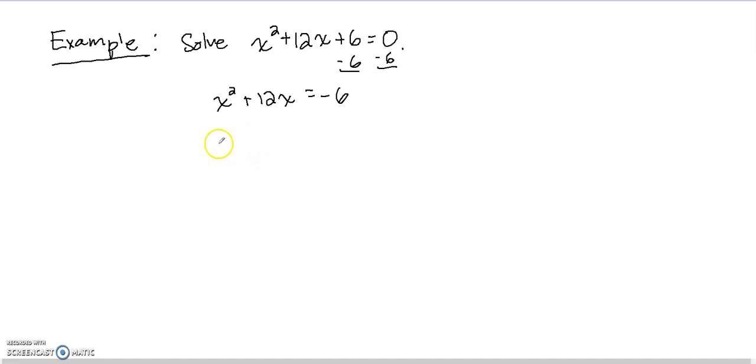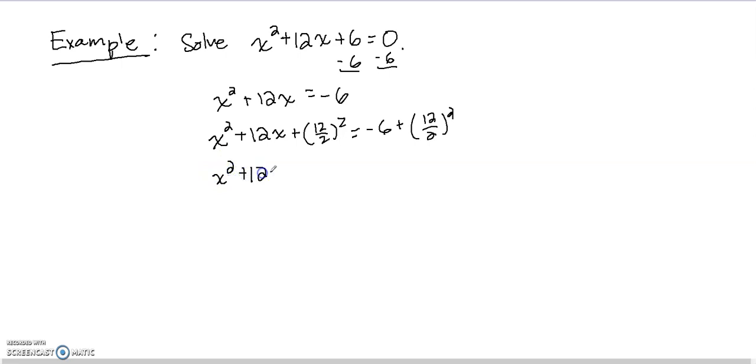So the number we want to add is 12 over 2 squared, so x squared plus 12x plus 12 over 2 squared, which is going to be negative 6 plus 12 over 2 quantity squared. So this is x squared plus 12x plus 36, and that equals negative 6 plus 36, or just 30.